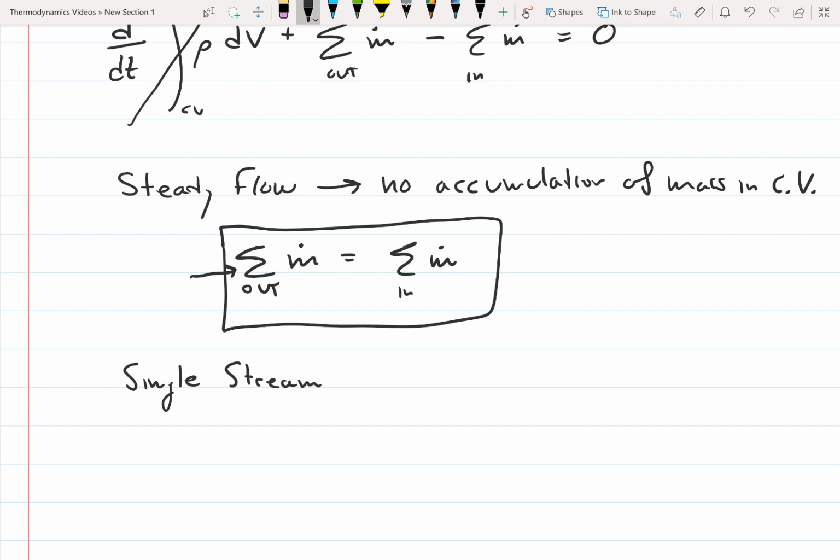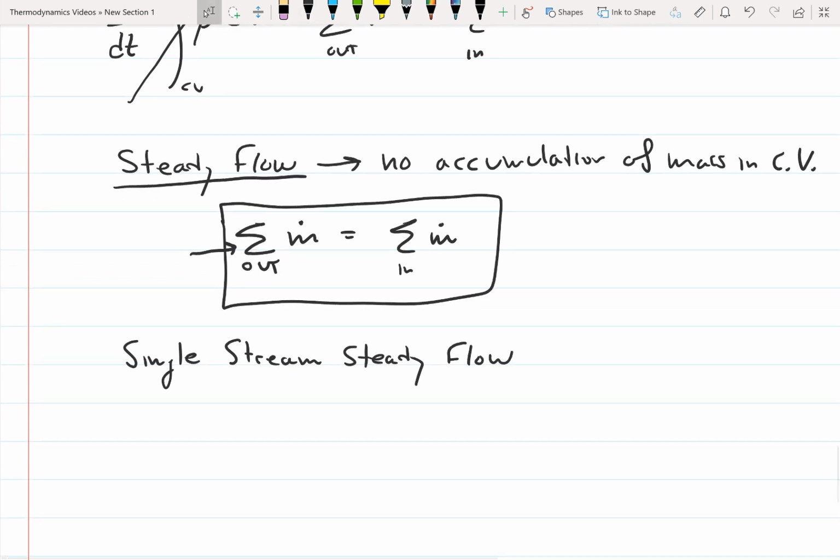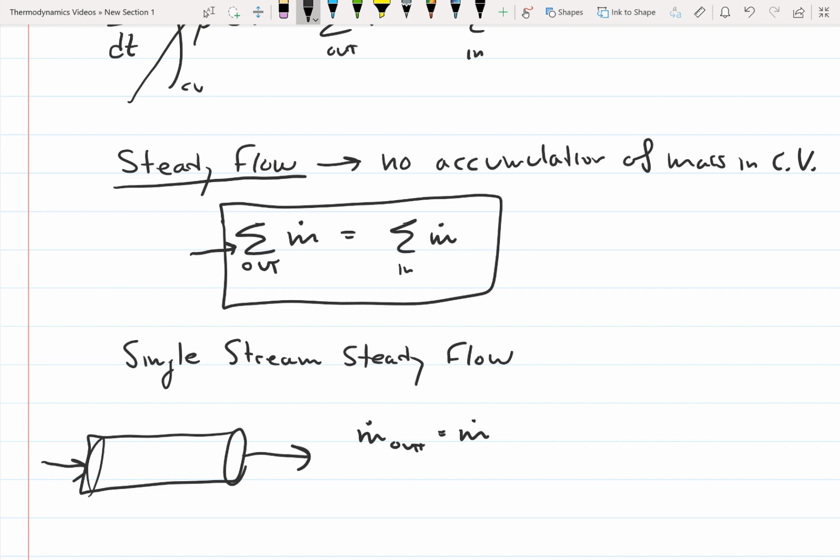If we have a single stream steady flow, that means that we only have one stream in and one stream out. So this would be like a pipe. So we have mass in, mass out. So this is just m out is equal to m in. This is often abbreviated as SSSF, for single stream steady flow.